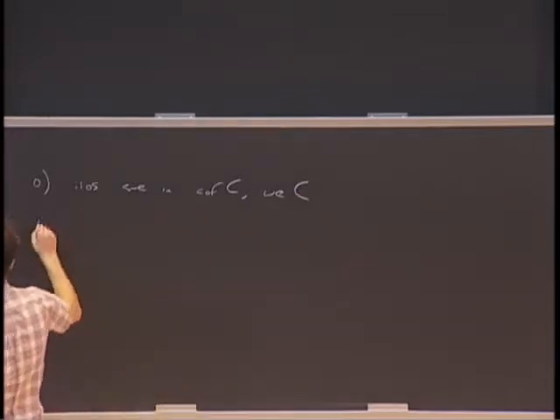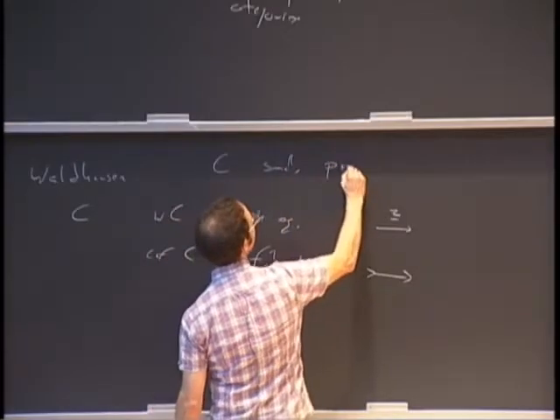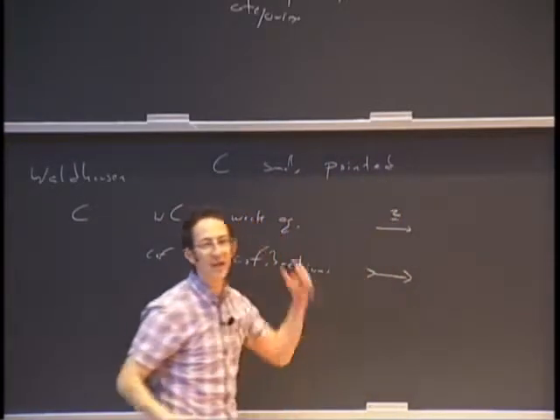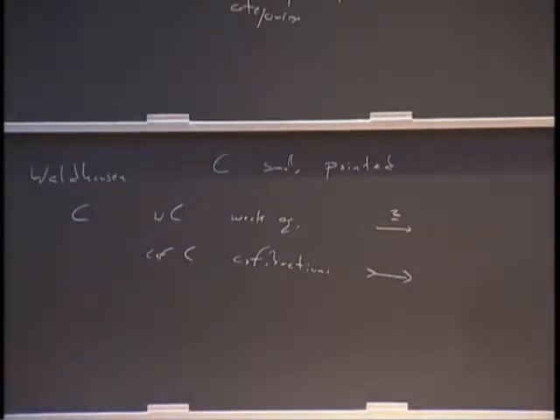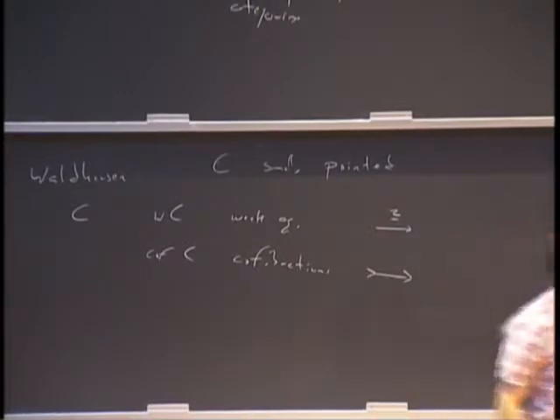That's not very interesting. Perhaps more interesting, C is small and C is pointed. So we have a distinguished 0 object. And one thing we ask is that the unique map from the 0 object to any object be a cofibration.